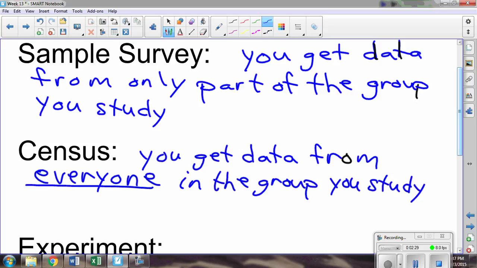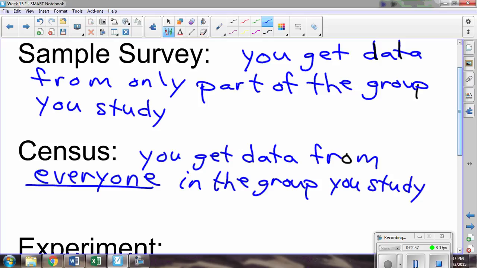In order to be a census, you need to get data on everyone. Going back to that example I just mentioned, if we're going to conduct research on the high school, we would have to collect our data on everybody in the high school, 100%, to make it a census.